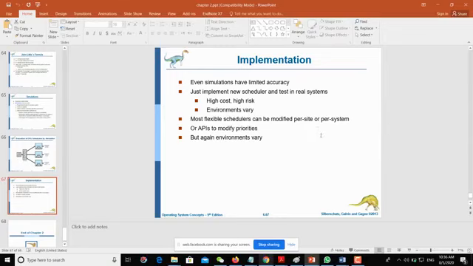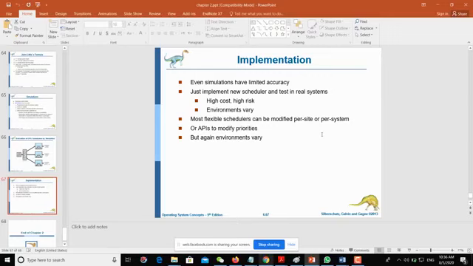They can be modified per system to see any improvement, and if you see any improvement, then you may openly say that you got an algorithm which is better than the existing algorithms, and it can be new research. So you can implement some new scheduler and test it.